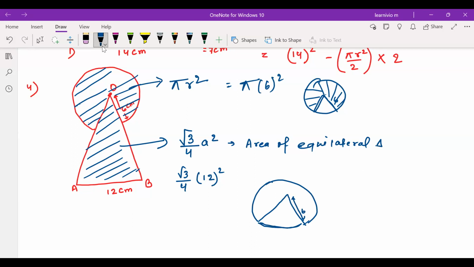Are you getting it? Yes. From the circle's area, we have to subtract this sector's area. Can you see it now? Is the picture visible to you? Yes.